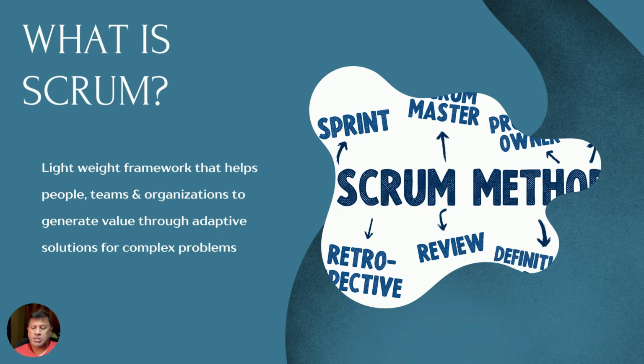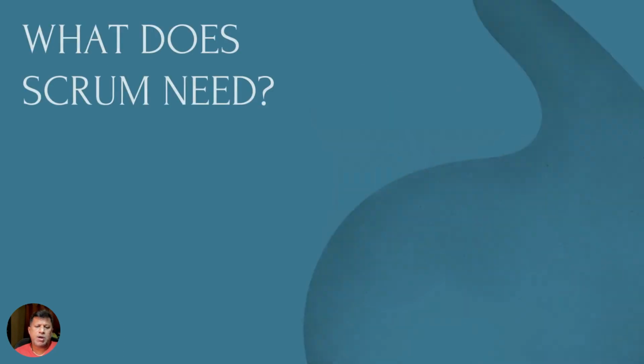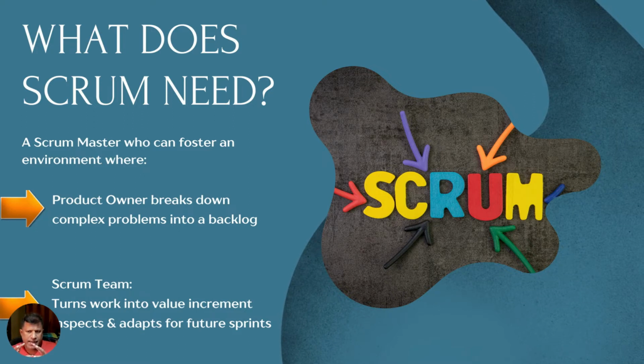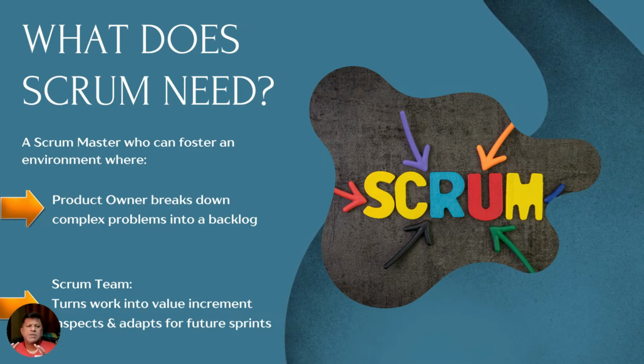Now, if you talk about Scrum as a whole, what does Scrum need? The center of Scrum is a Scrum Master. The Scrum Master is the person who can establish Scrum within a team, and he or she does that by fostering an environment in which there is another role called the product owner.